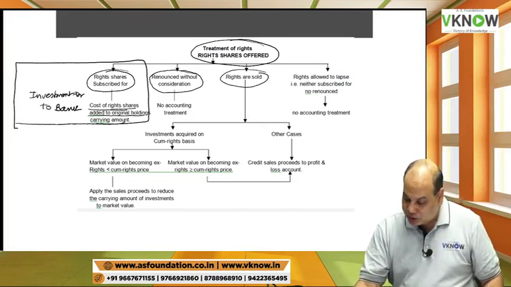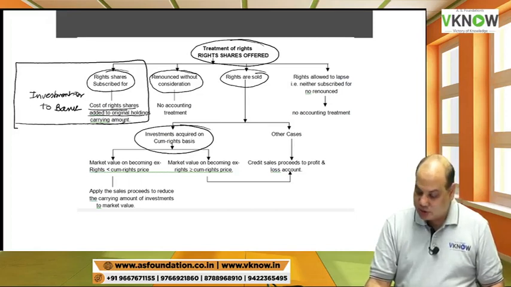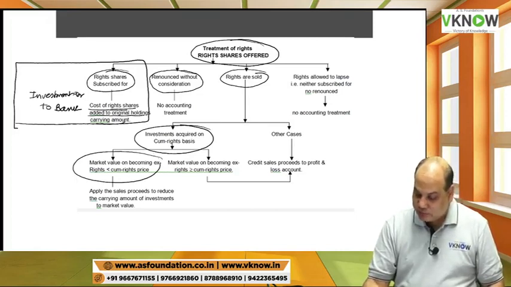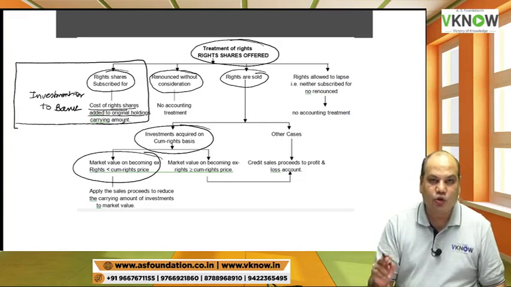But suppose the rights are sold. Check whether shares were acquired on cum right basis. If the shares were acquired on cum right basis, again check whether the market value of the share after their becoming ex right is lower than the cum right price.